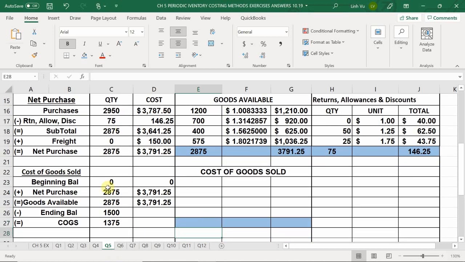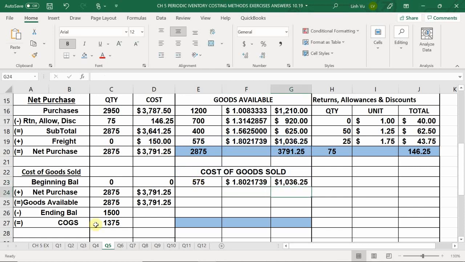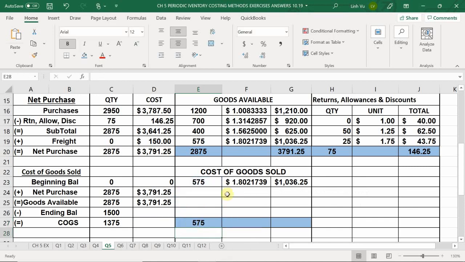Good. So I'm going to be taking the whole entire amount of 575. So that means I'm going to carry these numbers down. Oh, I forgot to do my equal sum here. So equals sum, so I know how much I have as my running balance.